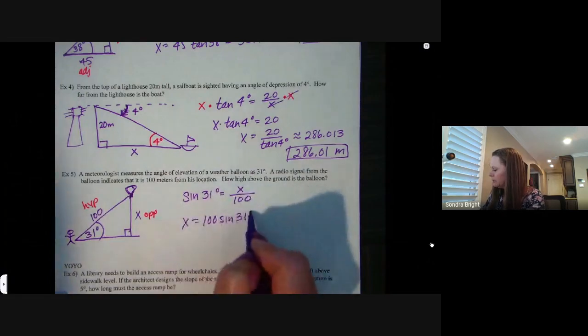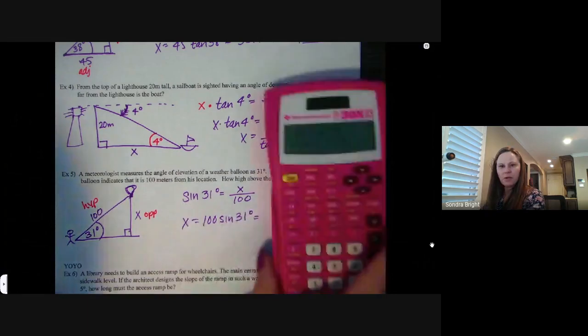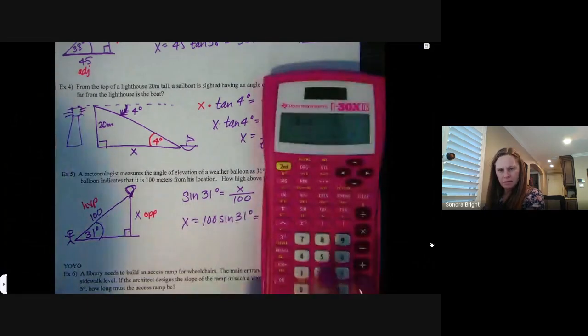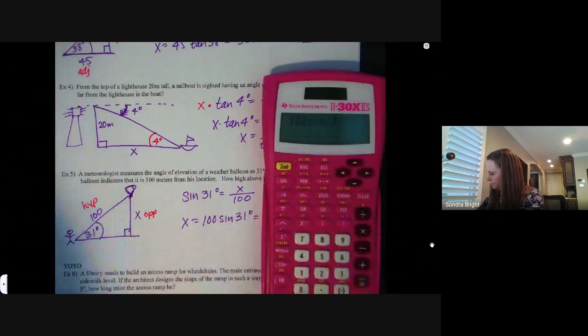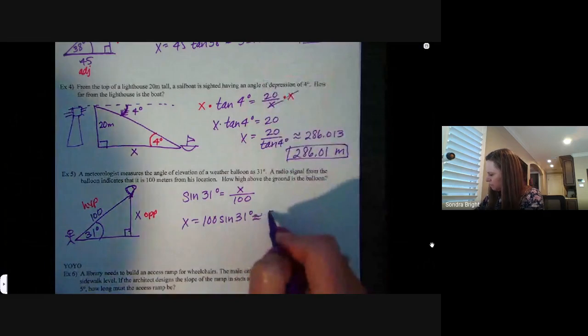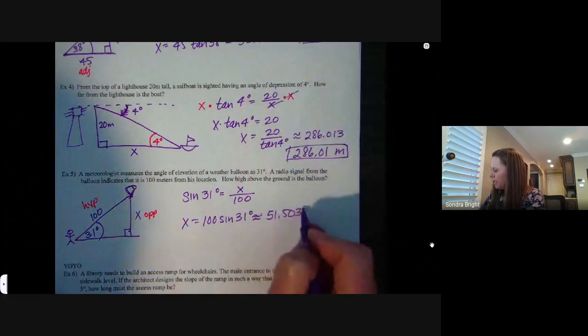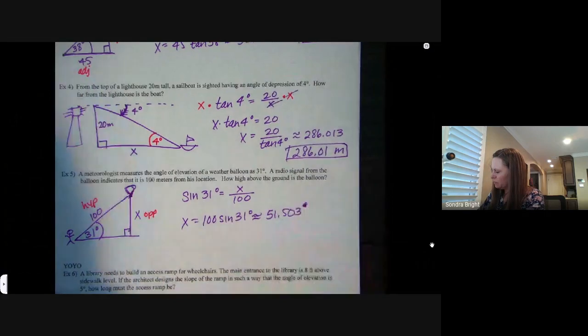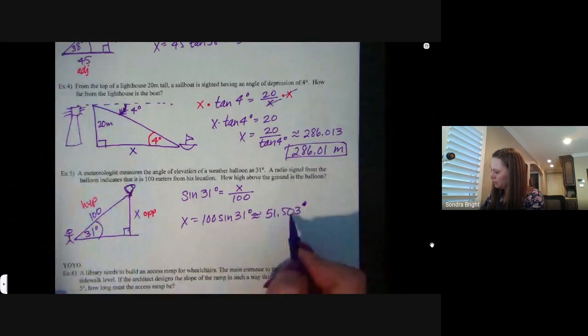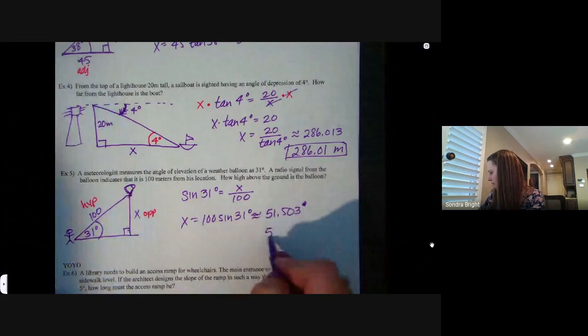That's 100 sine of 31. 51.503. All right, not degrees, sorry about that. And going to 2 decimal places, I would say 51.50 meters again.